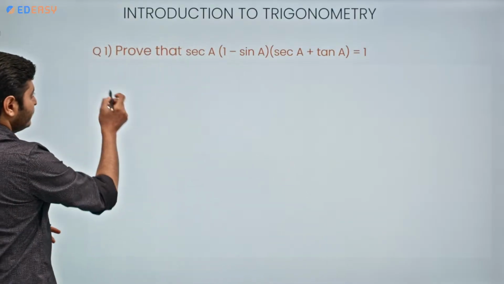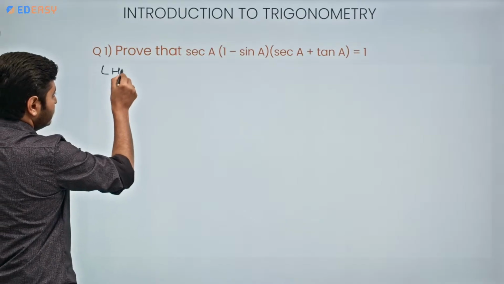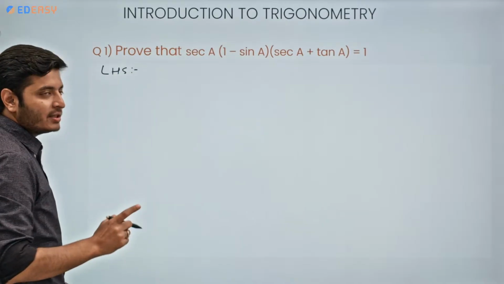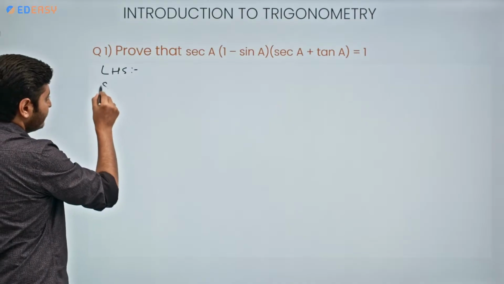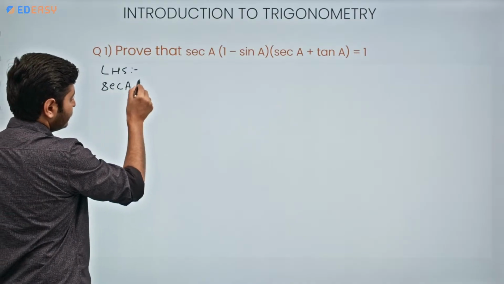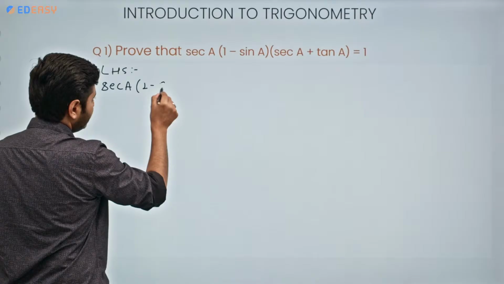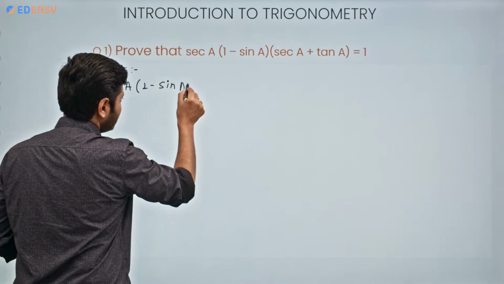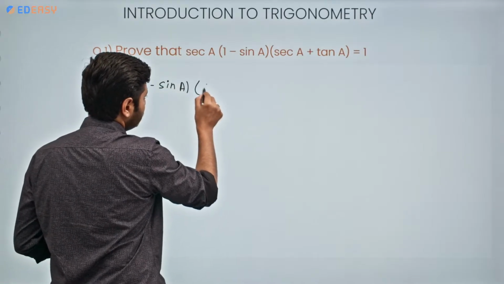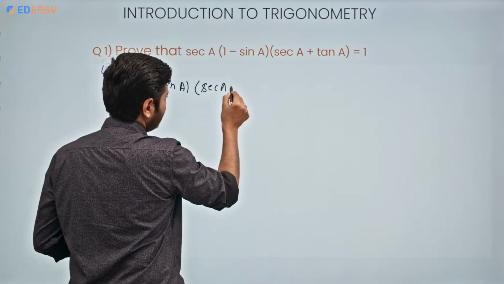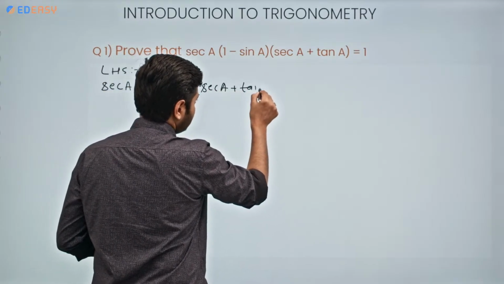So let's consider only LHS. What is LHS? Secant A into 1 minus sine A into secant A plus tan A.